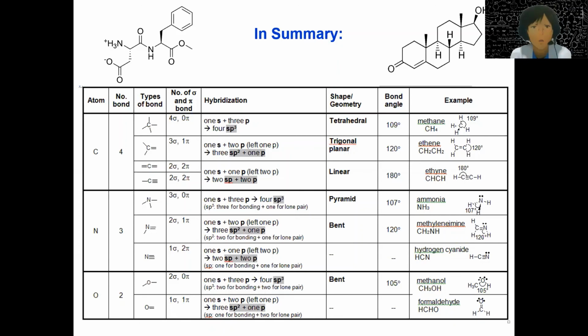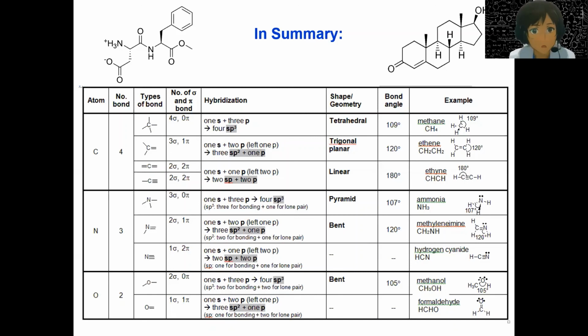Important to remember, there are three types of hybridization: sp3, sp2, and sp. For sp3 hybridization, you have all single bonds. As long as you have all single bonds, it's sp3. When you have a double bond, it's sp2 hybridization.